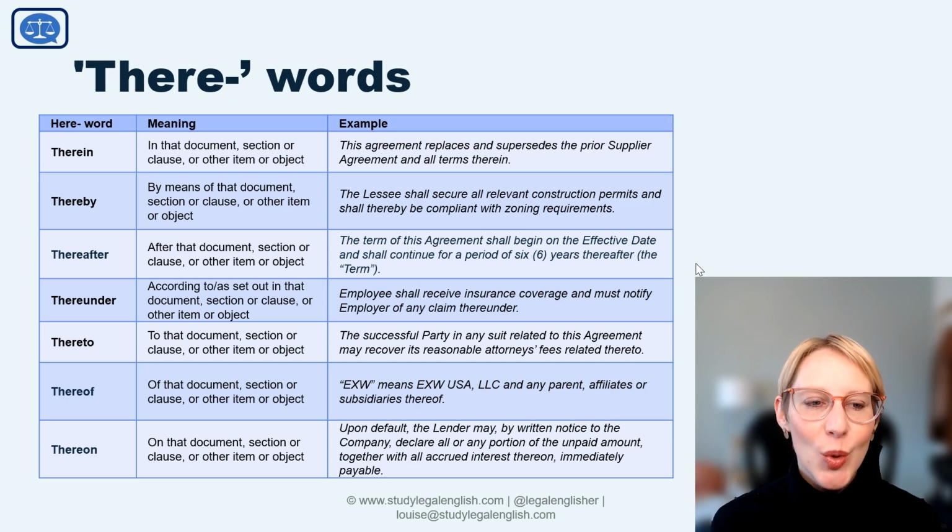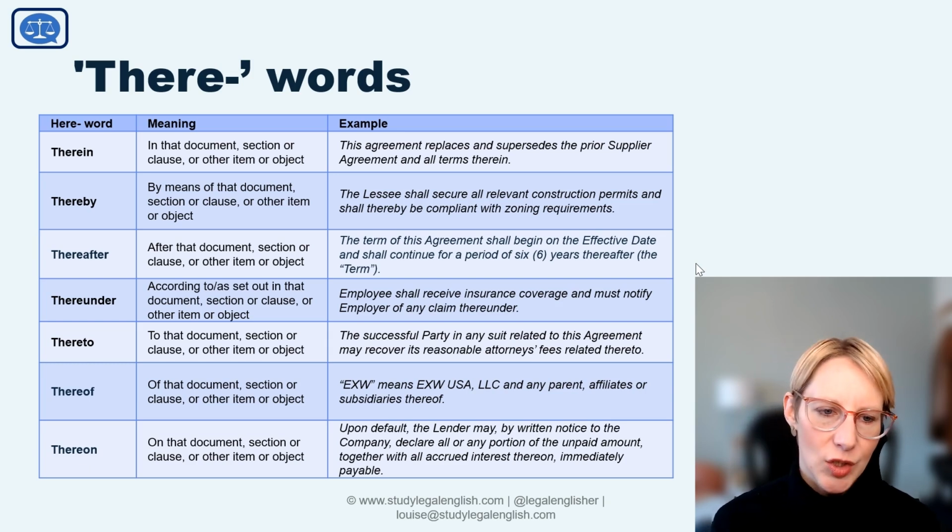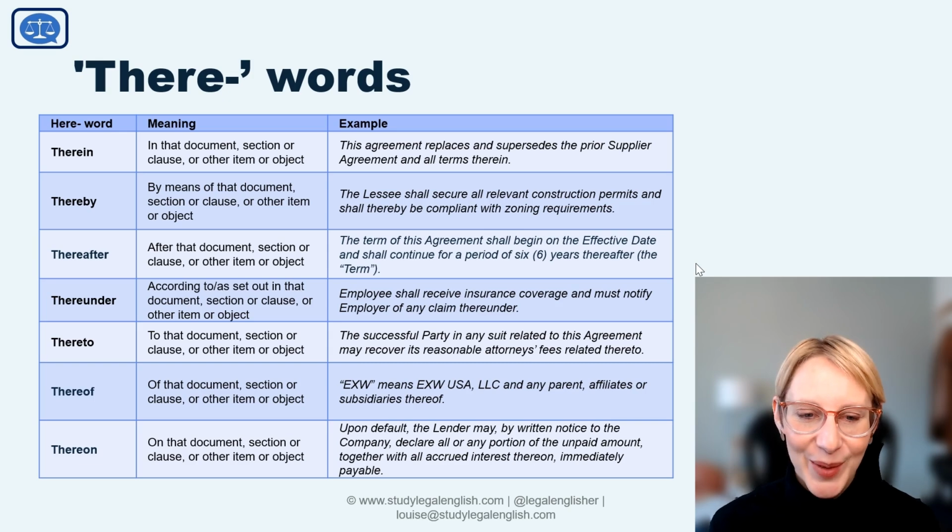Thereunder means according to or as set out in that document, section or clause or other item, object that we have mentioned. For example, the employee shall receive insurance coverage and must notify employer of any claim thereunder. So according to the document in which this is written, the employee has a right to have insurance. They can make claims under that insurance.